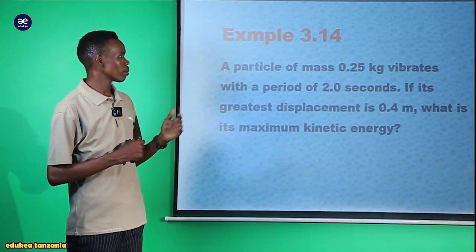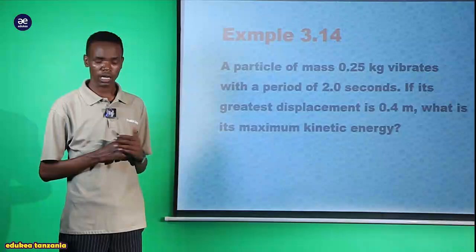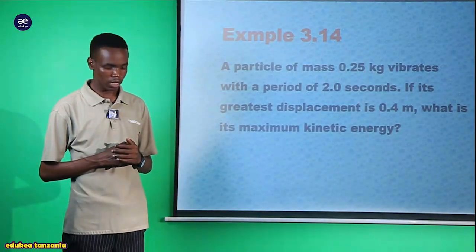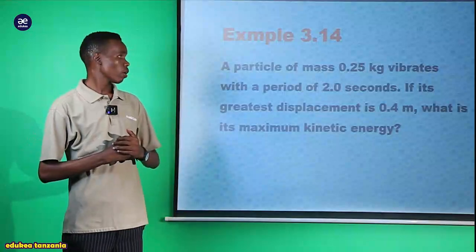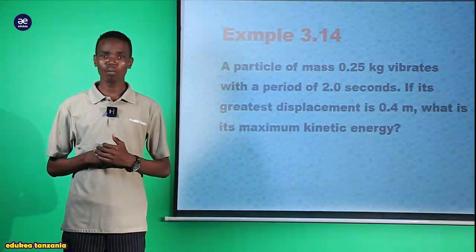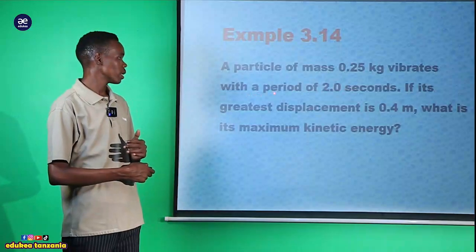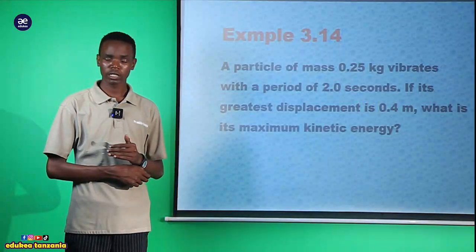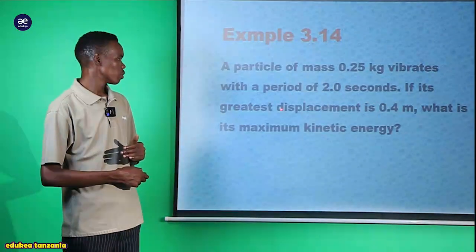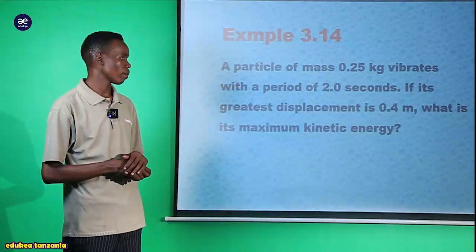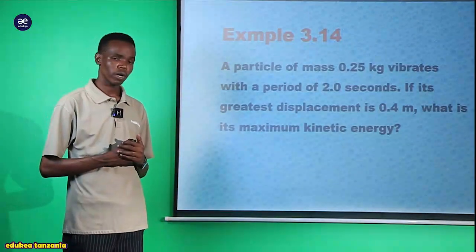Our example number 3.14 explains what we have learned here. We have a particle of mass 0.25 kilogram vibrating with a period of 2.0 seconds. If its greatest displacement is 0.4 meter, what is the maximum kinetic energy?